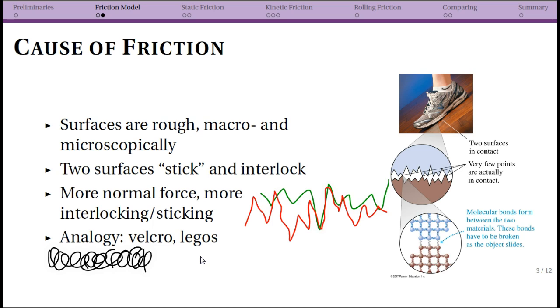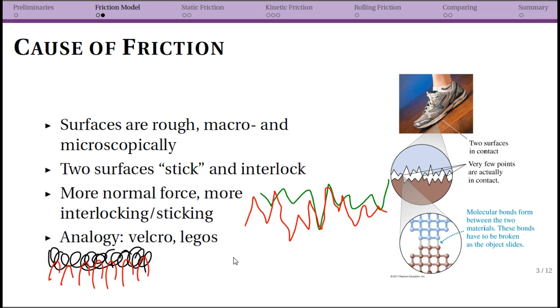And then the other side is made up of a bunch of little hooks, and that's usually the part that feels rough to your hand. So when you push them together, you actually are latching some of those hooks into the loops. And then it's not really possible for it to slide because they're latched together. But if you don't push very hard, not many of them hook together.